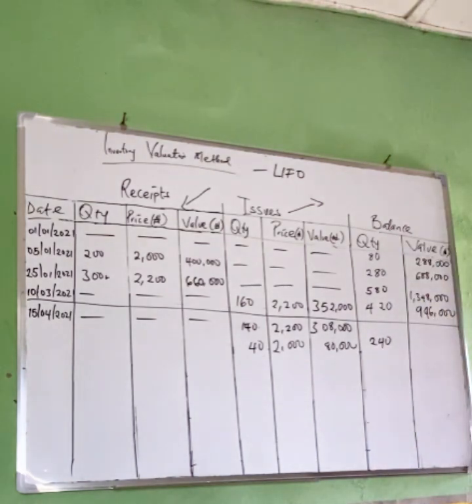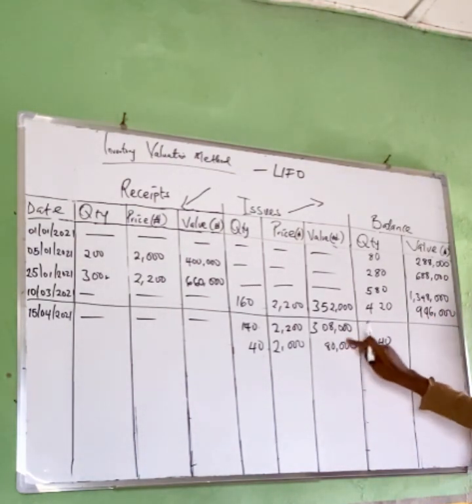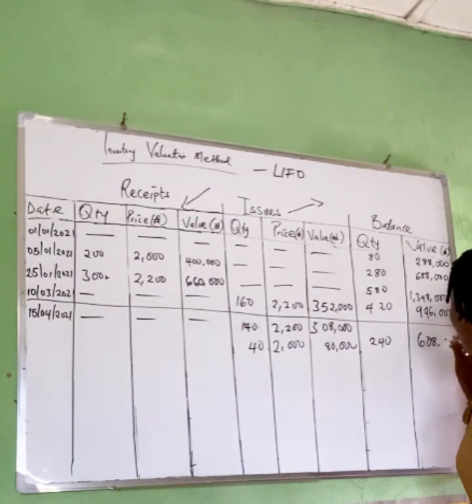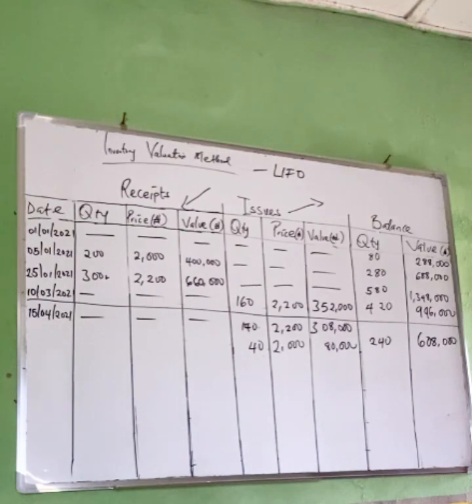And now for the value, we're also taking the sum total of this, which is 388,000. We're deducting from 996,000, and that will be giving us 608,000. That's our balance for the issue.